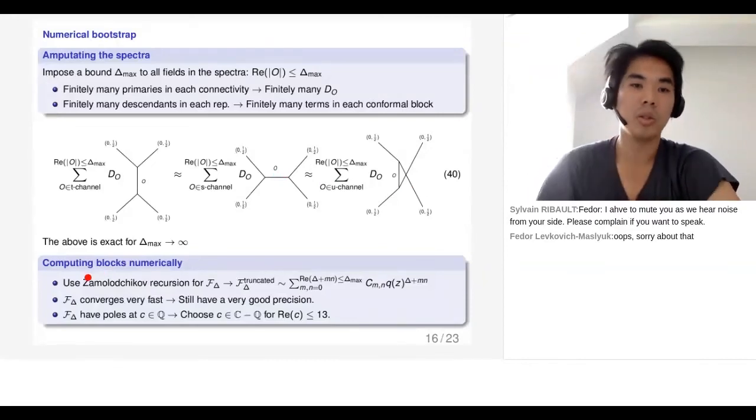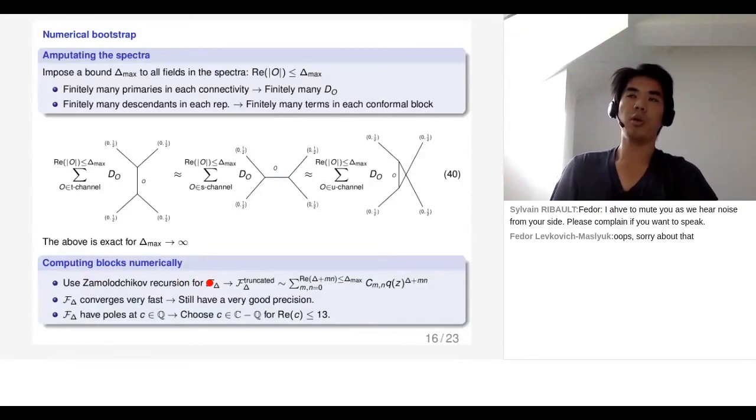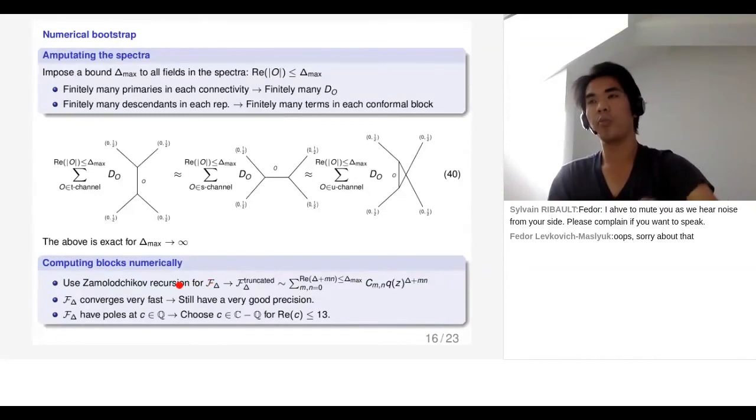We shall use the Zamolodchikov recursion for the conformal blocks for Verma modules, this F. And if we recall that the logarithmic blocks are just some complicated combination of this F, therefore this recursion would also give us the expression for our logarithmic blocks.